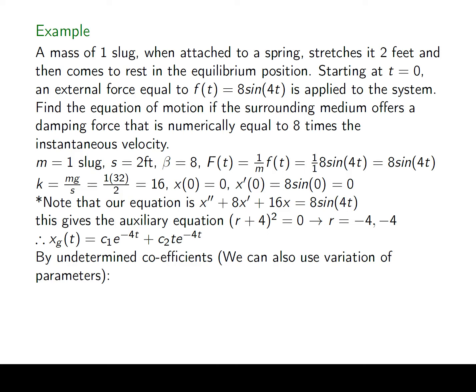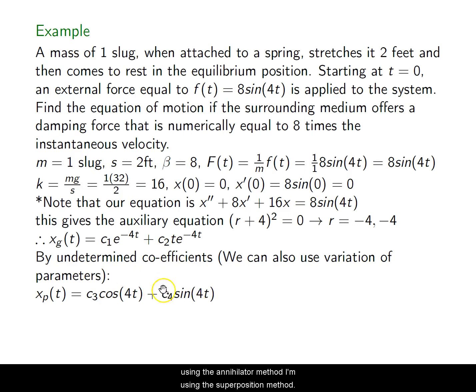Again, it's just all the methods we've been learning already. So my particular solution will have this form. Again, I'm not using the annihilator method, I'm using the superposition method. So some constant times sine of 4t, plus some constant times cosine of 4t.